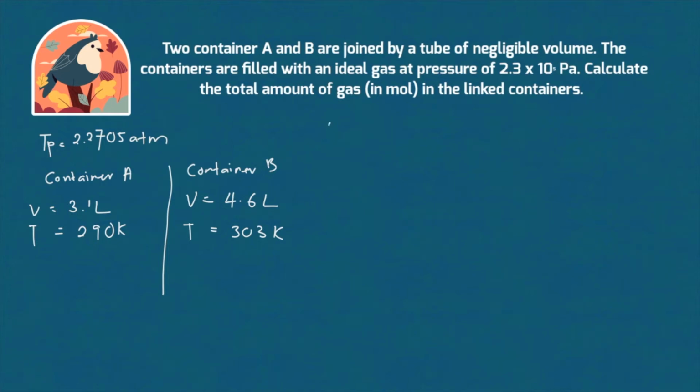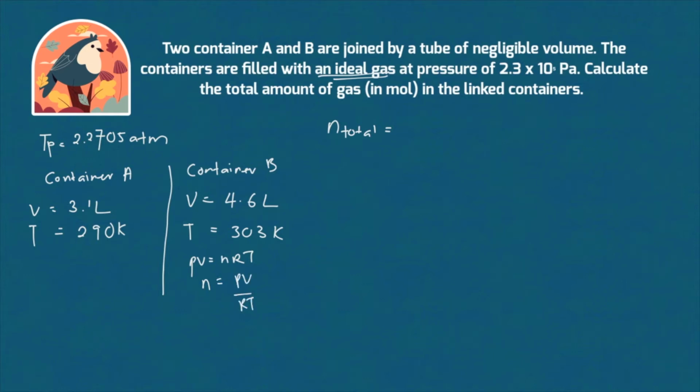So the N total is equivalent to, remember we are going to use the ideal gas law, because it is an ideal gas, so we are going to use PV equals nRT. So from there we have n equals PV over RT.